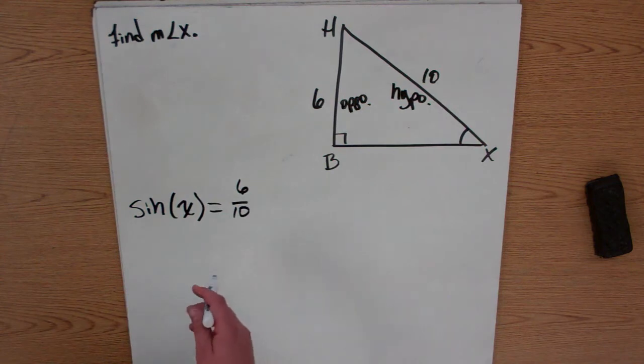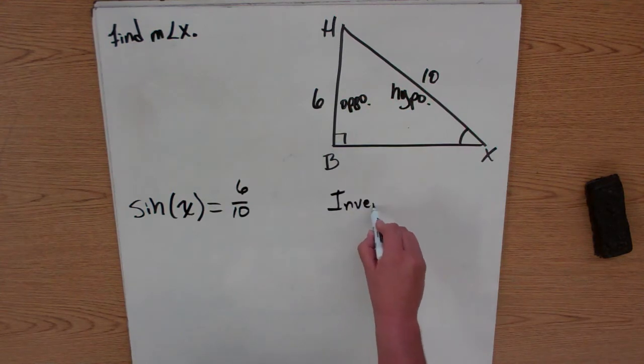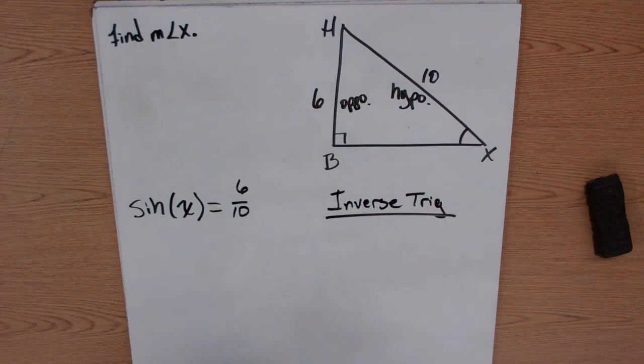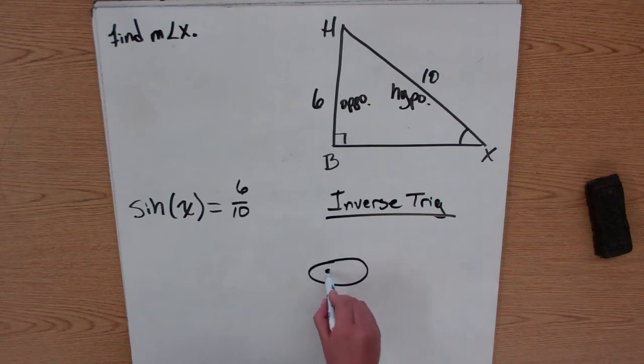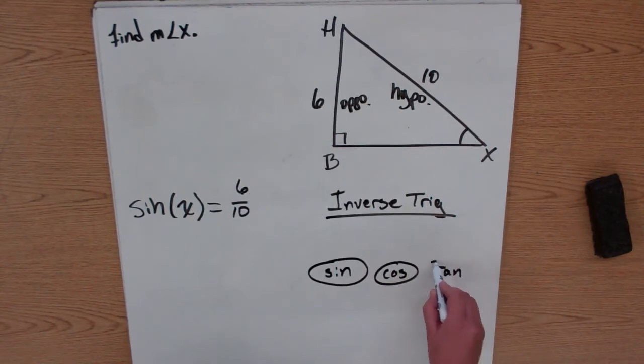All right? Now, to find the angle, we have to do something called inverse trig. If you look at your calculator, you'll see the sine button, and the cosine button, and the tangent button.